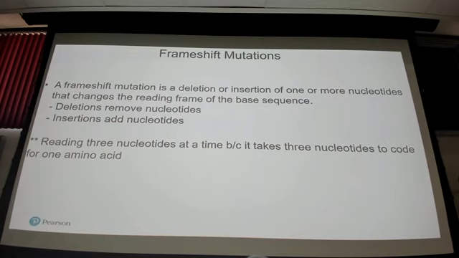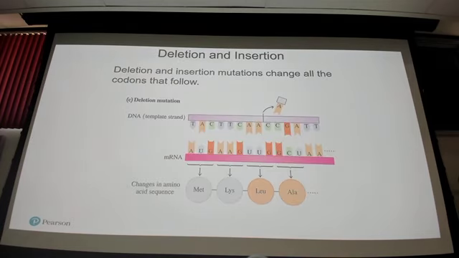You also have frameshift mutations. Frameshift mutations either add or delete nucleotides in that sequence, and remember, nucleotide sequences are triplet codons. We read them in frames of 3. So that's going to affect what amino acid is synthesized, based on whether a nucleotide is added or removed.